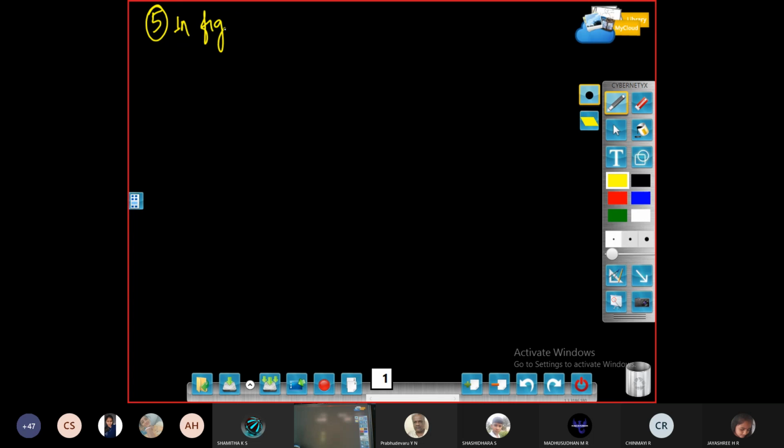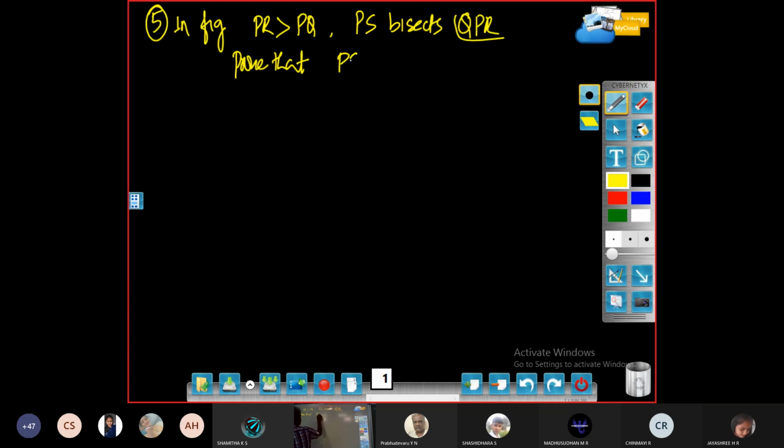In the figure, PR is greater than PQ and PS bisects angle QPR. Prove that angle PSR is greater than PSQ.